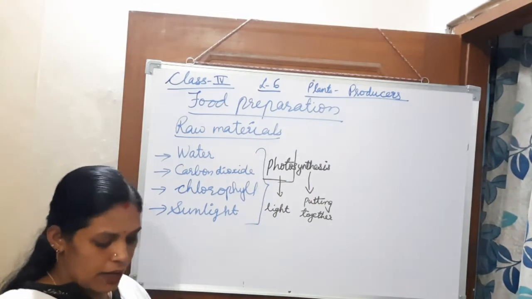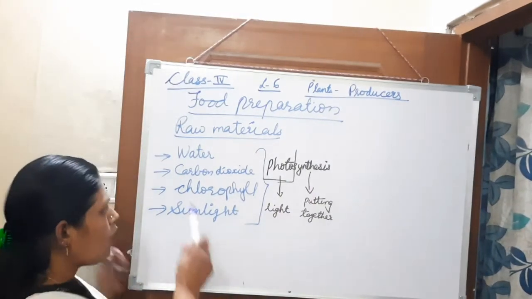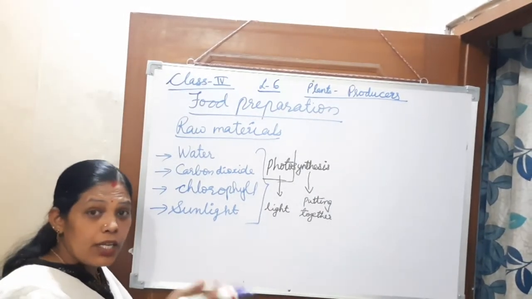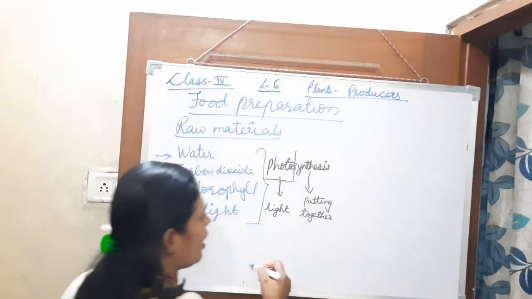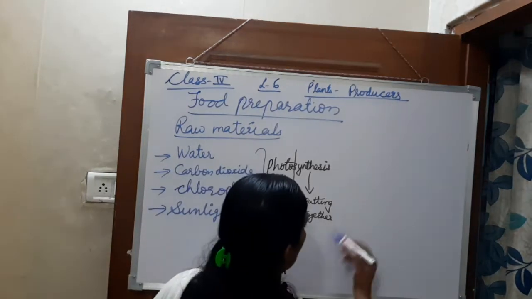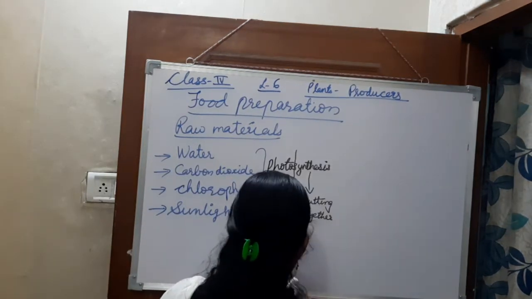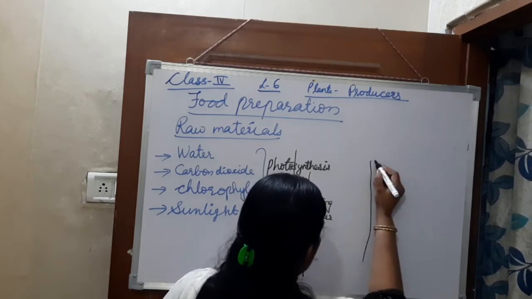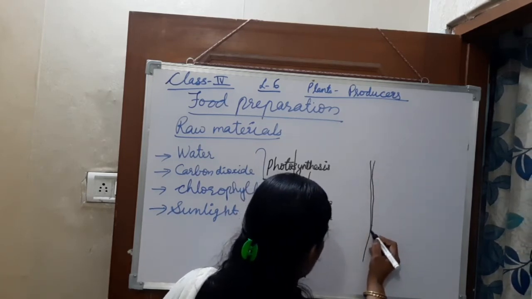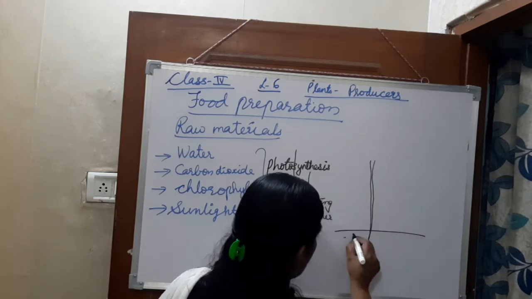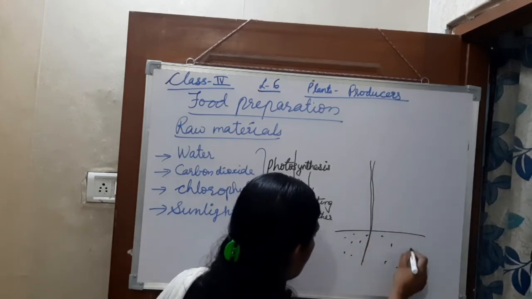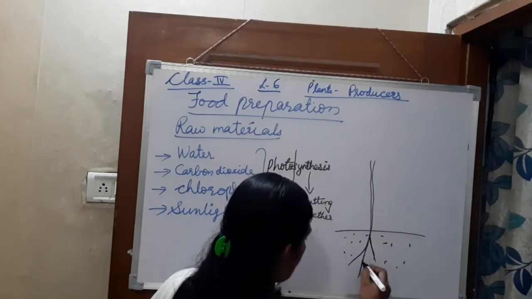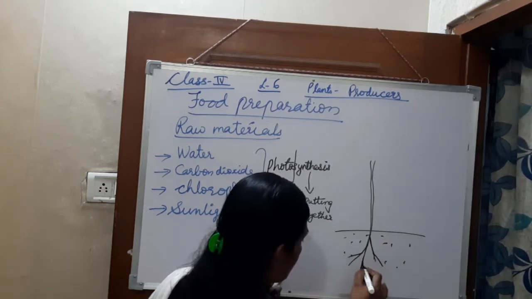Now I will explain how all these raw materials get to the plants. I am now drawing the plant. Here you can see the soil and the roots.